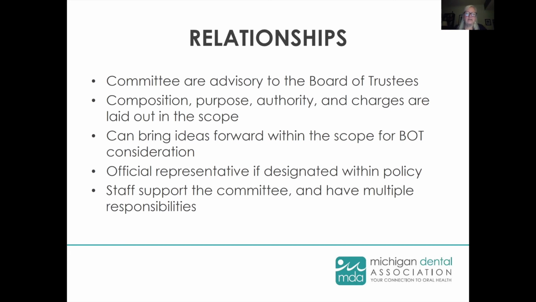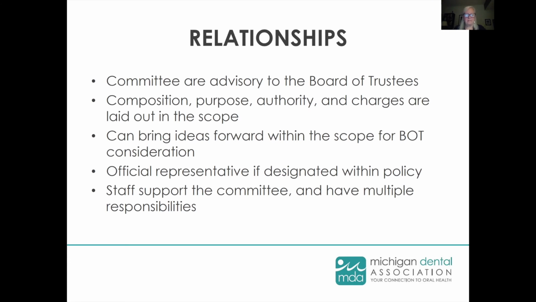So one example is peer review. The Board of Trustees does not oversee the decisions made by the peer review committee, except under very narrow circumstances that are outlined in the peer review manual. Similarly, the Committee on Continuing Education is authorized to prepare a slate of continuing education programs throughout the year within the existing budget, and they're trusted to simply do that.